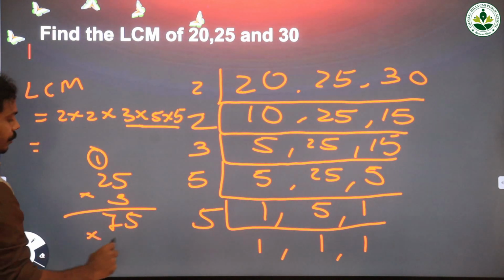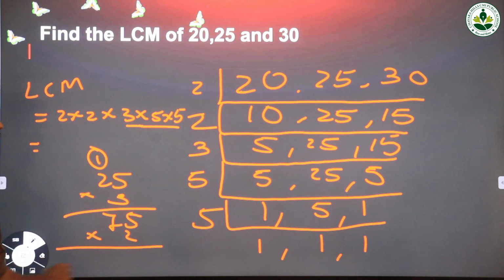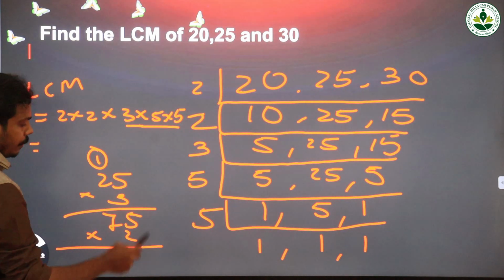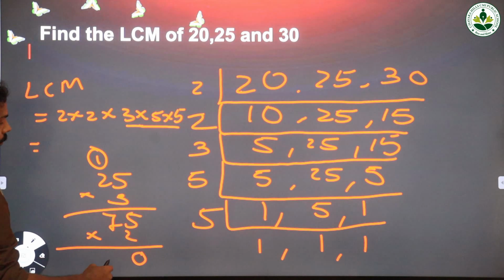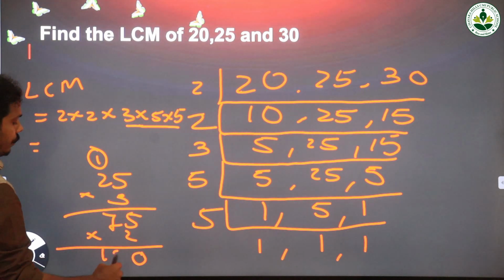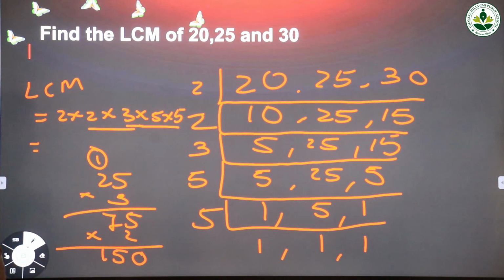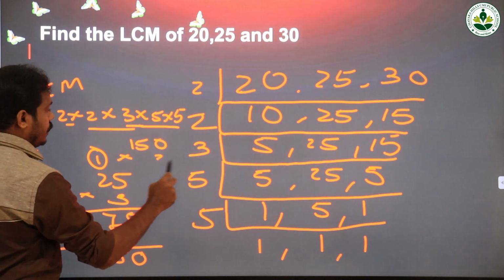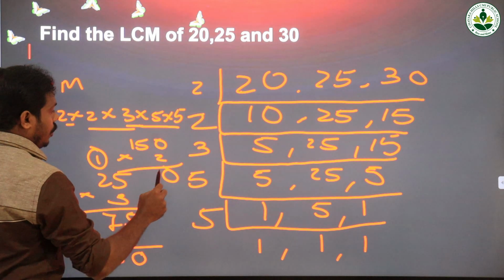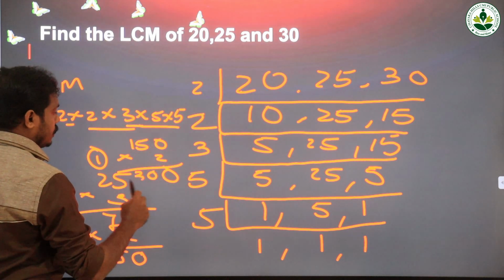Then 75 into 2, 75 plus 75, that is 5 into 2 is 10, carry over 1, 7 into 2 is 14 plus 1 is 15, 150. One more 2 is remaining, just multiply that. 150 into 2, 2 zeros are 0, 2 5s are 10, carry over 1, 2 1s are 2 plus 1 is 3.